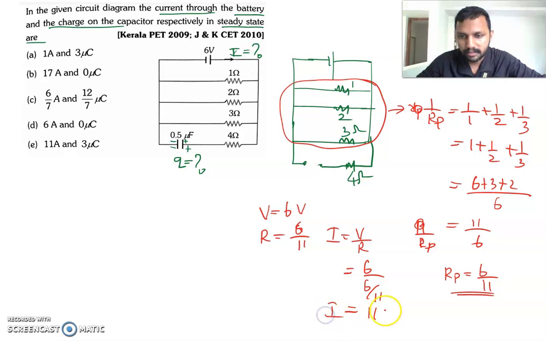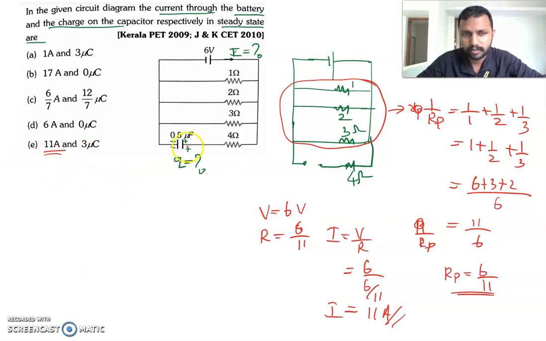Therefore, current is equal to 11 ampere. Okay, this is the equivalent current. Is there an option with 11 ampere? Yes. Since there is only one option with current as 11 ampere, we could mark E as our correct answer. But since we are doing it, we can calculate the charge also.